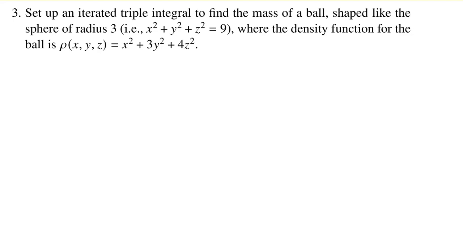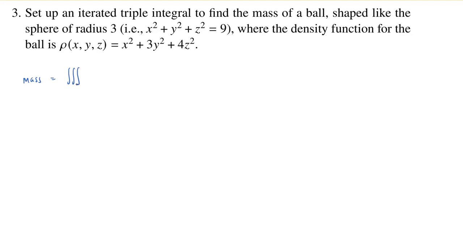The first thing to note is because we're trying to find the mass of a ball, and we're given a density function, we know we can compute that with a triple integral. Let's just quickly write that triple integral down, not as an iterated triple integral, but just as a triple integral. So the mass is going to equal the triple integral over, well, we don't actually have a name yet for this sphere.